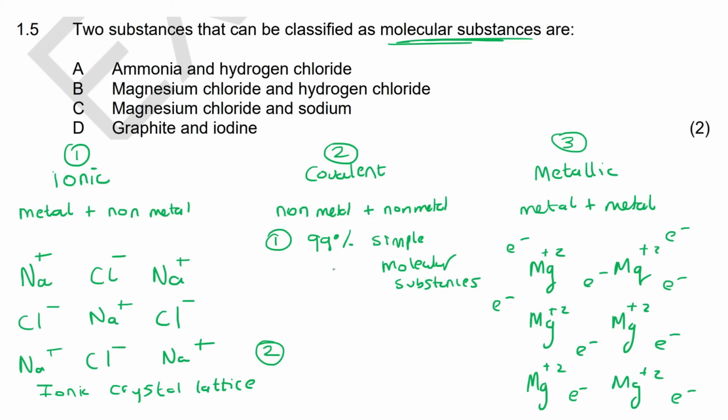Let's say we've got a covalent substance. Now, a covalent substance is two non-metals. So, for example, hydrogen and oxygen, which is water. So if you had a container filled with water, you would just have a whole bunch of water molecules floating around. So this water molecule and this water molecule, they're not physically bonded together, okay? They're just floating around. They're not connected in any way.